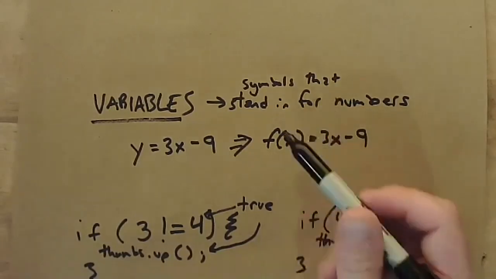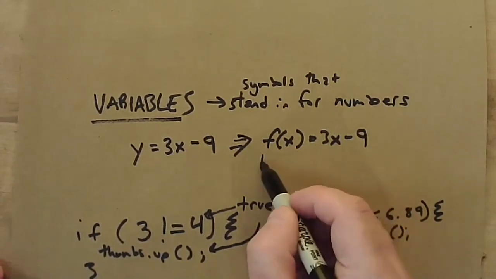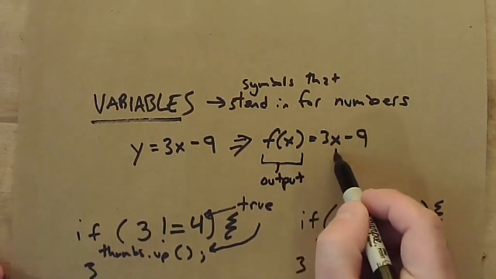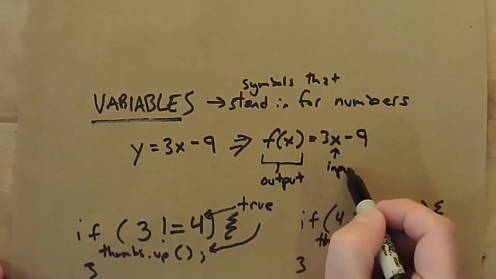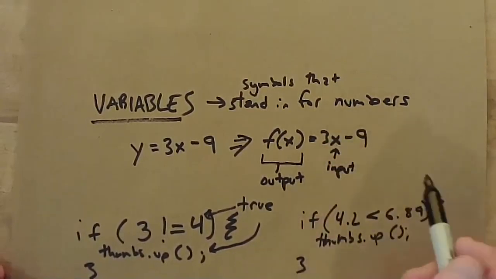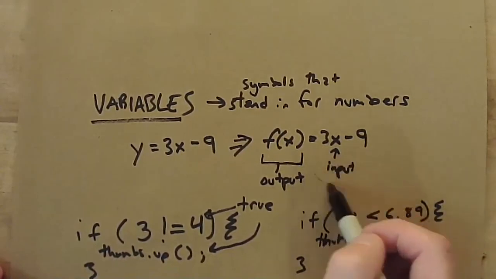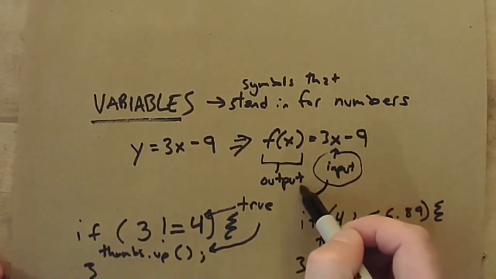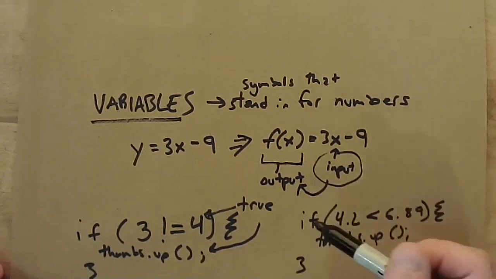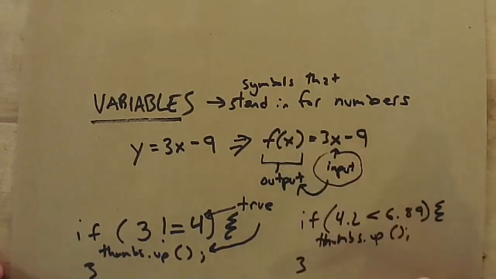So this may be looking familiar to some of you, which means that basically this is our output. This is our input. And these other numbers, that's like our program, essentially. Our instructions for manipulating the input into the output. All right, so for this, we take a number, whatever that number is, we multiply it by 3 and we subtract 9, and then that gives us our output of this function.